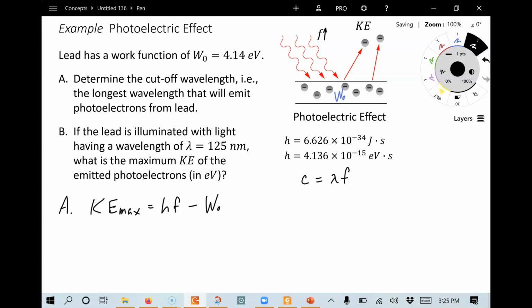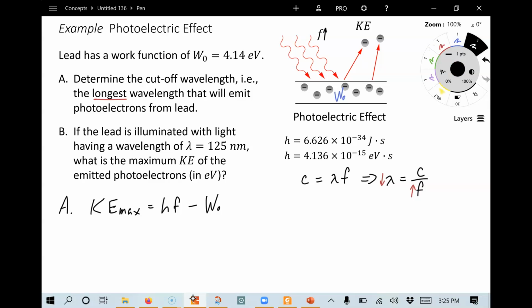So if we solve for the wavelength, lambda is equal to c over f. So the higher the frequency, the lower the wavelength. Shorter wavelengths have more energetic photons, and we are looking for the longest wavelength, in other words, the lowest frequency that will eject an electron.